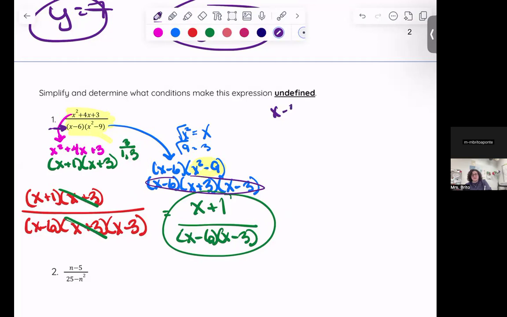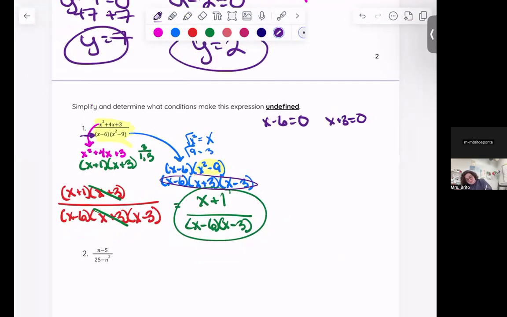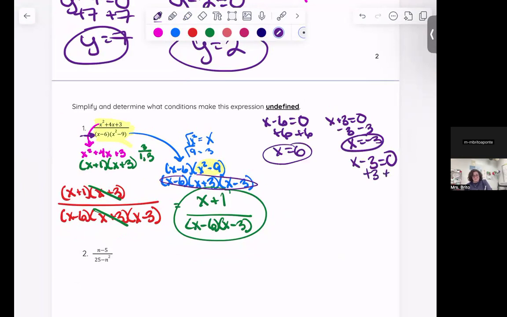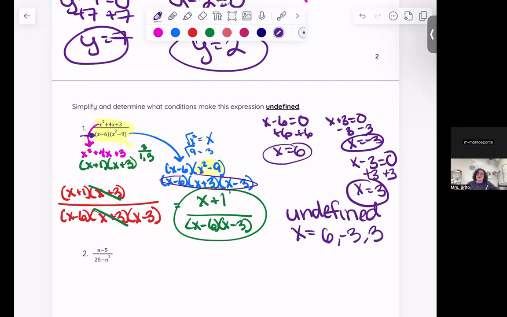So I need to know where x minus 6 equals 0, where x plus 3 equals 0, and where x minus 3 equals 0. So I just have to solve those. Plus 6. So where x equals 6, where x equals negative 3, and where x equals regular 3 is where it's undefined. So we can say that expression is undefined where x equals 6, negative 3, and 3.